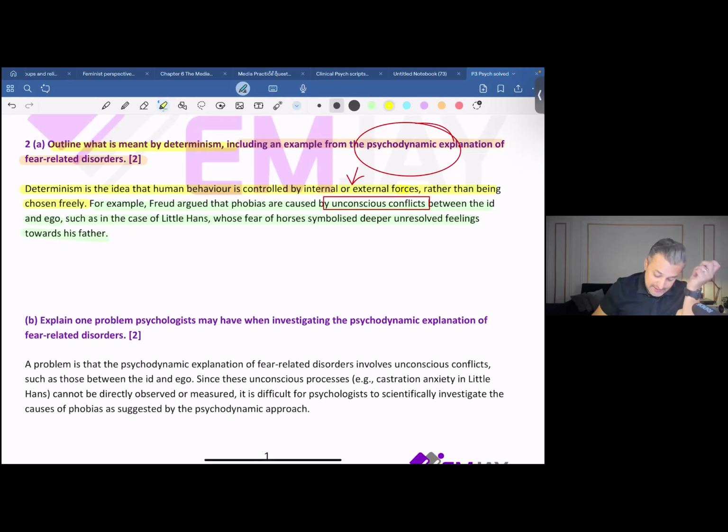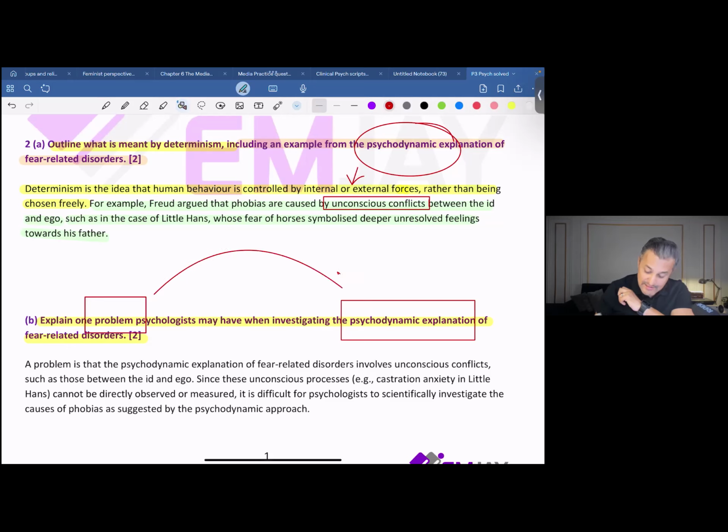Now, taking this ahead, question number 2B. This 4-mark question is divided into 2 parts. The first part is of 2 marks and the second part is again of 2 marks. Explain one problem psychologists may have when investigating the psychodynamic explanation of fear related disorders.